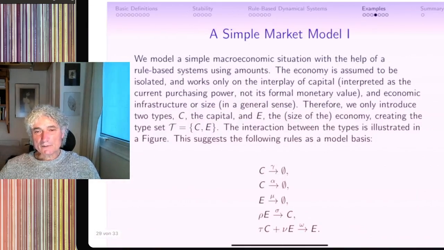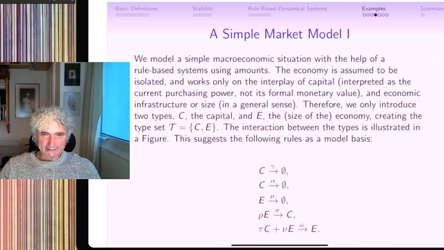Okay, but now we also want to use mass action kinetics for rules which are using substances or fields or energies. So we look back at our simple market model.